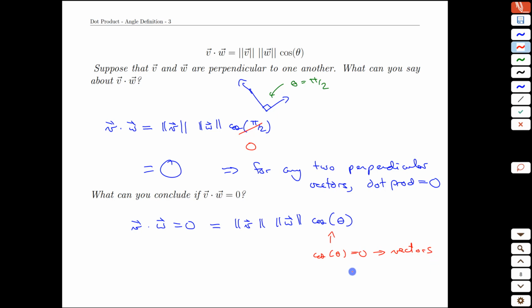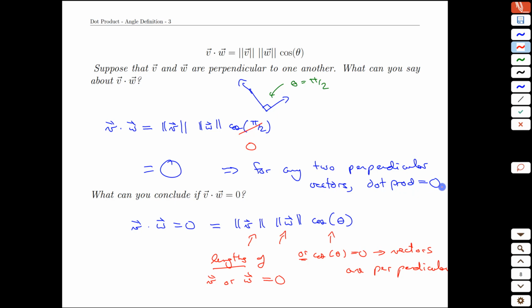However, that's not the only way that could happen. It's also possible that the lengths of v or w are also 0. So if one of our vectors is the 0 vector, then we would also get a 0 dot product. So that's an important distinction to remember.